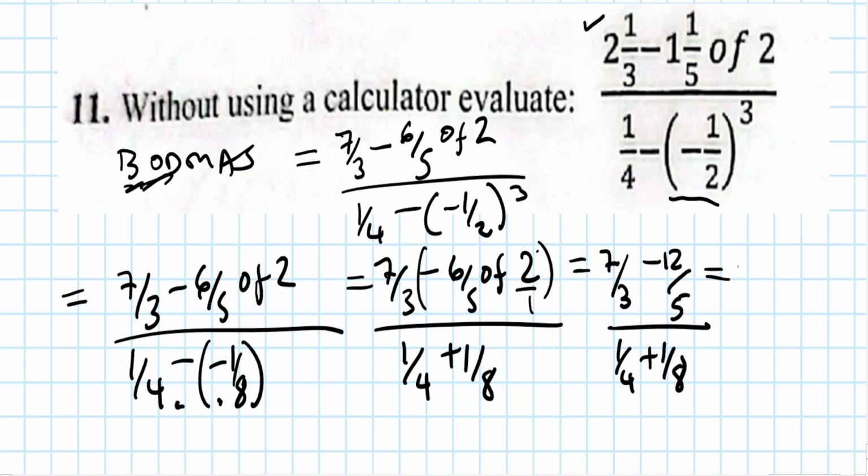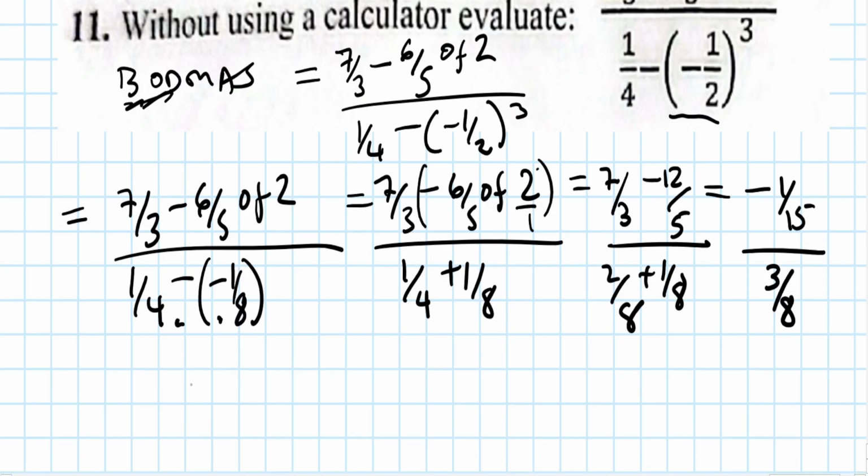Okay, 7/3 minus 12/5, simple, is going to give us minus 1/15. And a quarter plus 1 over 8: if you multiply by 2 here, it is going to give you 2 over 8. So 2 over 8 plus 1 over 8 is 3 over 8.